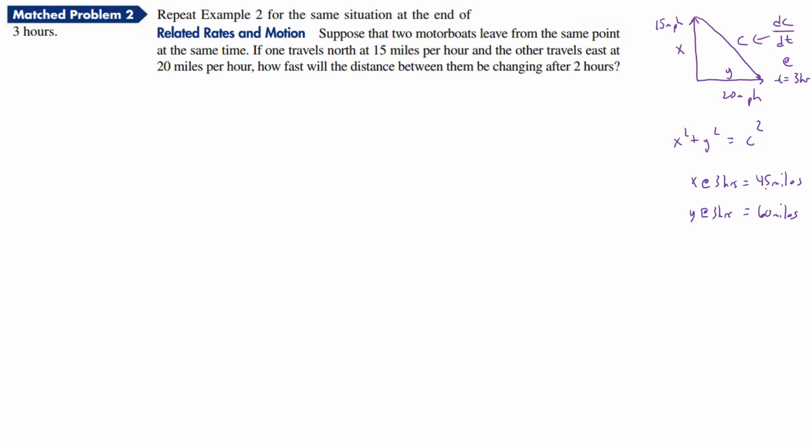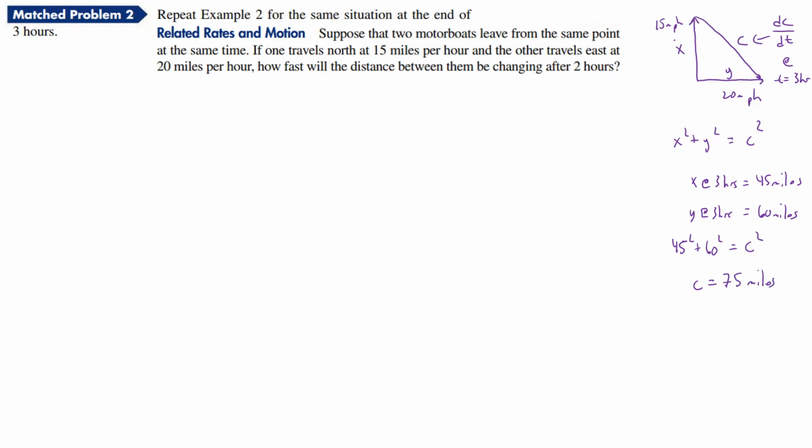So when this is 45, this one's 60, what is C? That's going to be 45 squared plus 60 squared equals C squared, and if we solve that for C, we get 75 miles. So now we know X, Y, C.